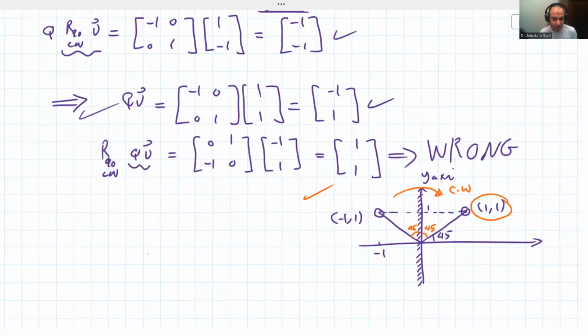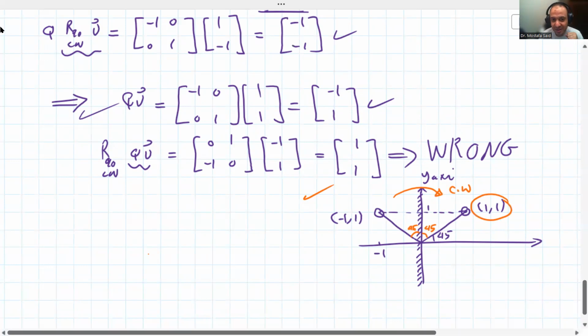Of course this is wrong, because we switched the order of the rotation and the reflection. The original question said rotate first, then make the reflection. So that's a note to keep in mind, because it will lead to a wrong answer. Thank you very much guys for watching, and see you in another video. Bye bye.